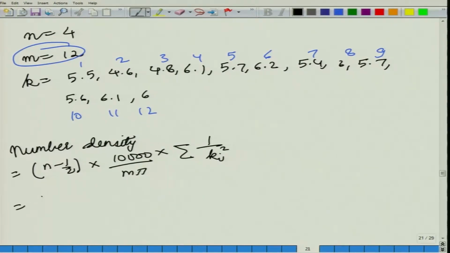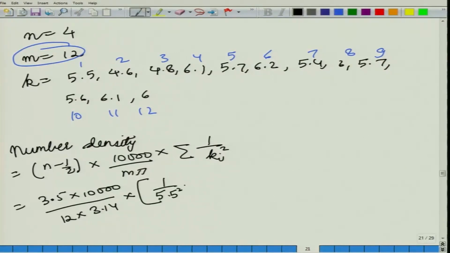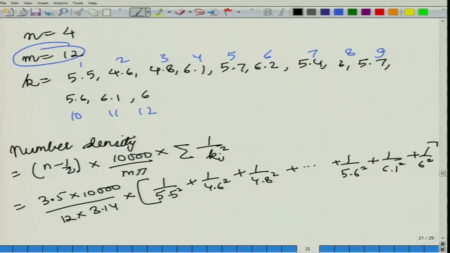So, 4 minus half is 3.5 into 10,000 divided by m, here 12, into 3.14 into 1 over 5.5 square plus 1 over 4.6 square plus 1 over 4.8 square plus so on till 1 over 5.6 square plus 1 over 6.1 square plus 1 over 6 square.